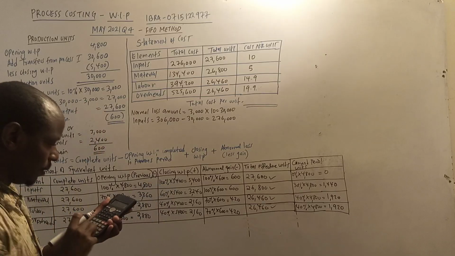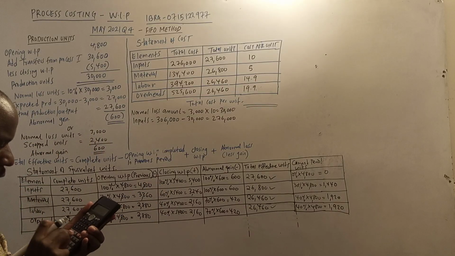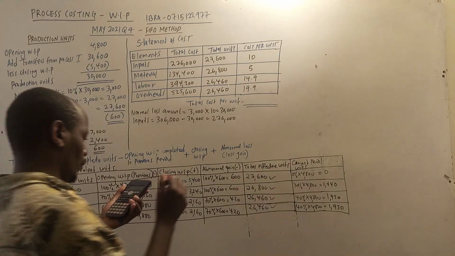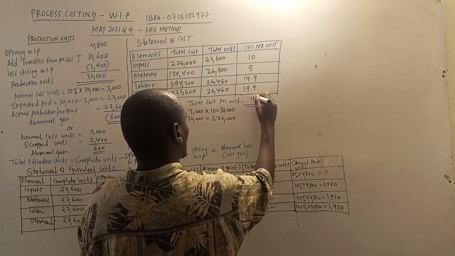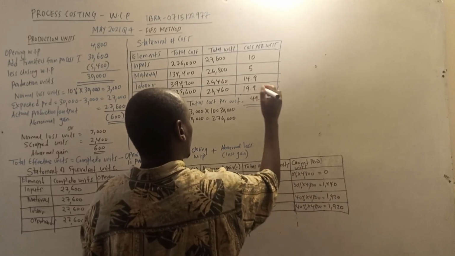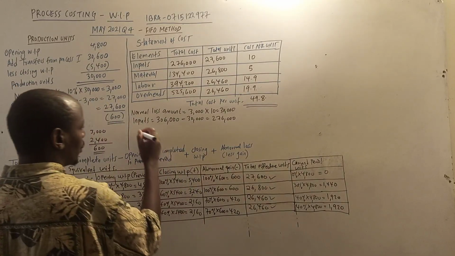So let us add 10 plus 5 plus 14.9 plus 19.9. It will be 49.8. So now we can compute abnormal gain.